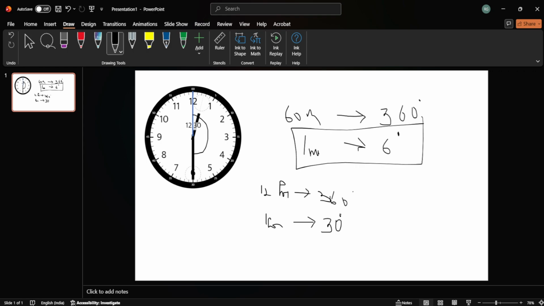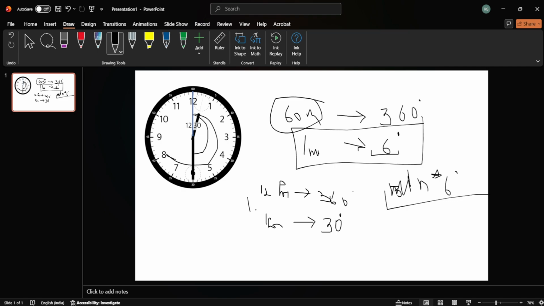So how will we find how much the minute hand has moved? We will check how many minutes are given and multiply minute by 6 degrees, as in 1 minute the minute hand moves 6 degrees.